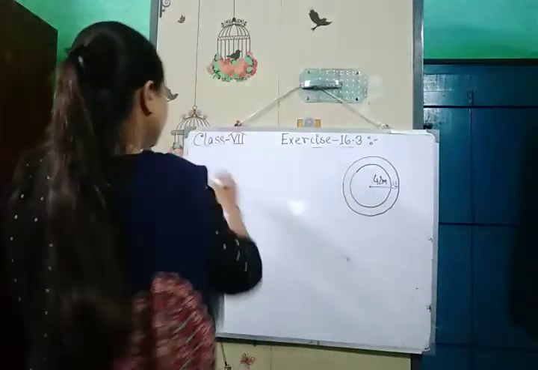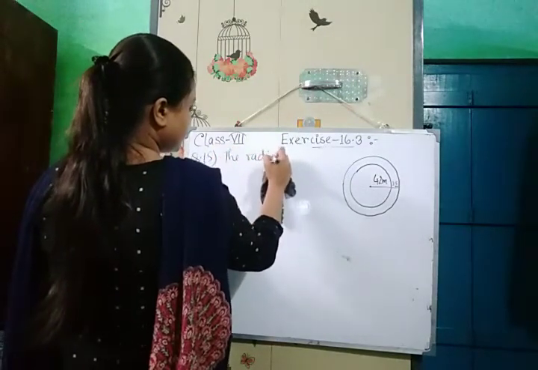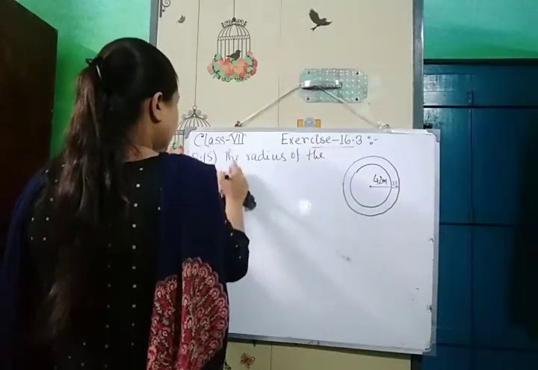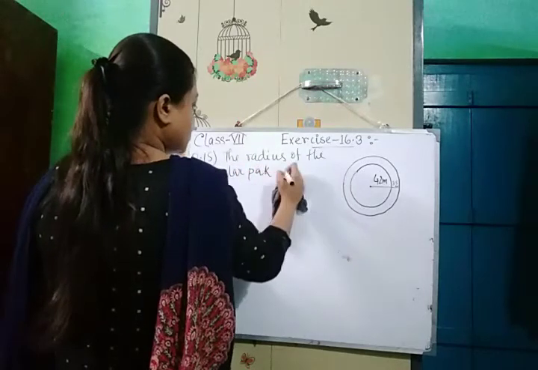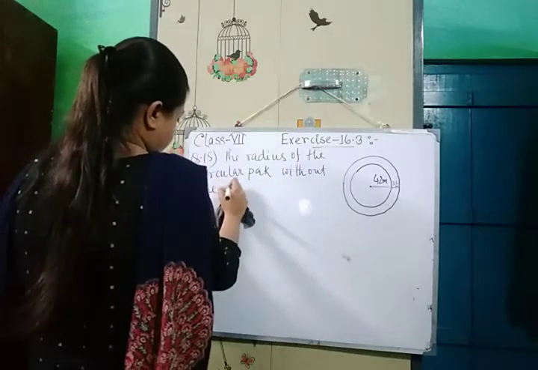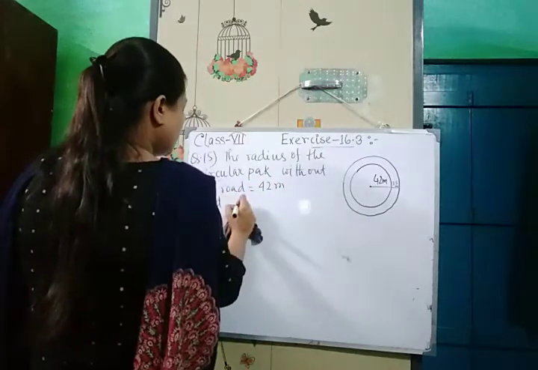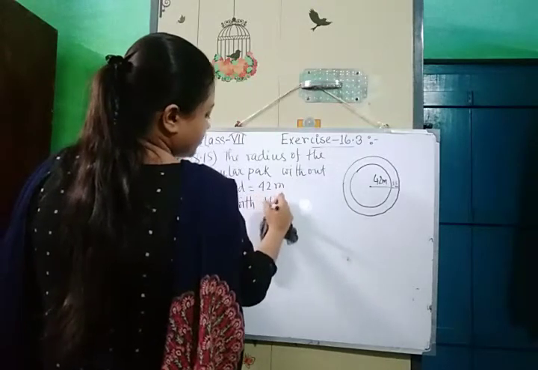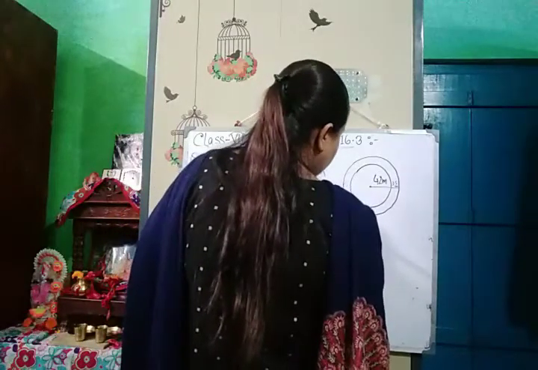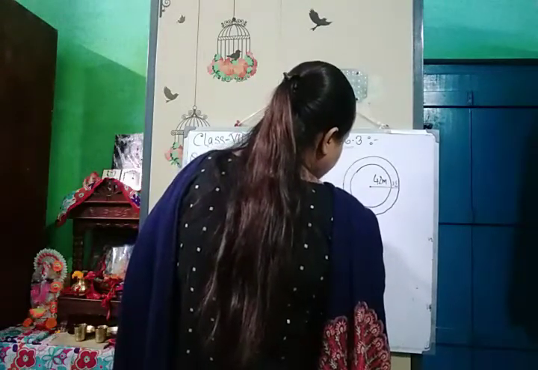So first we will write here the radius of the circular park without the road is equals to 42 meter and with the road is equals to 42 plus 3.5 meter, that is 45.5 meter.